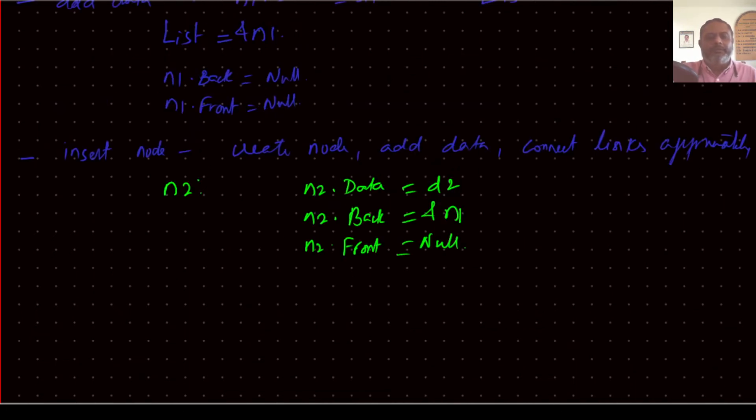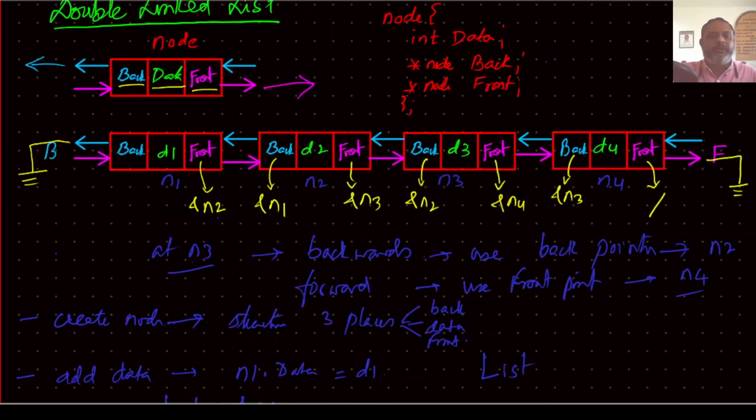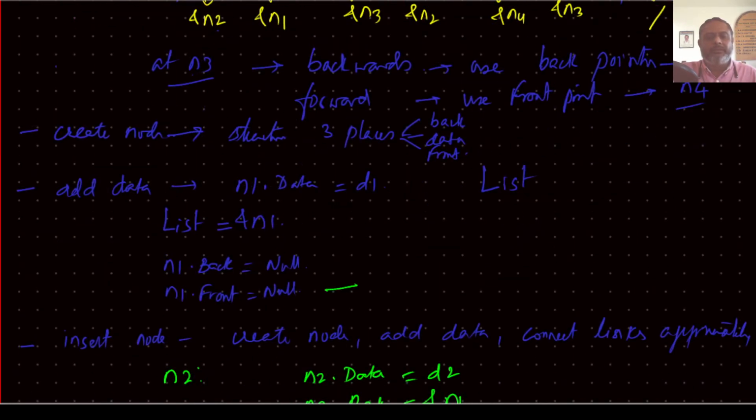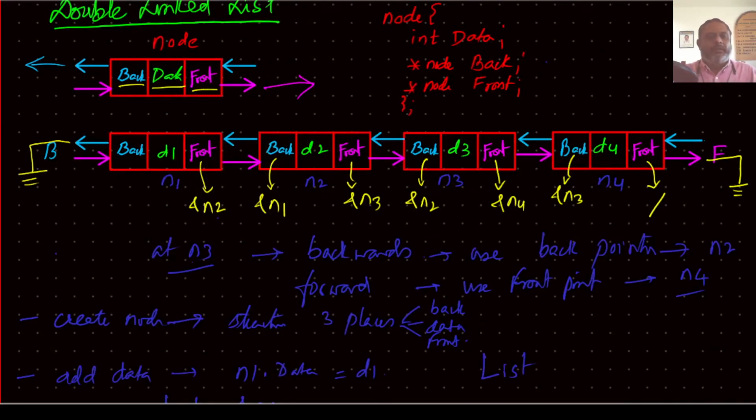One part of the work is done, but the forward part is still missing, so this has to be updated. n1 dot front will be the address of n2.